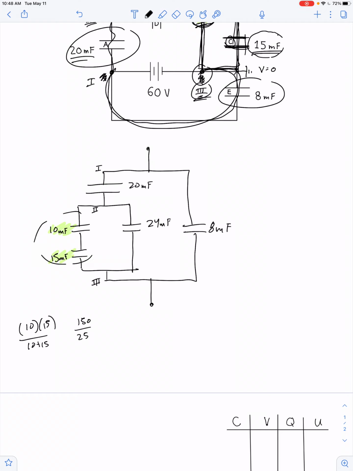So we could replace these with a 6 millifarad capacitor. So let's draw that circuit. No change here. This is still our 20 millifarad. And then it still branches off into this parallel combination, but we replace the 10 and the 15 with a single 6 millifarad. Of course, on the other branch, we still have this 24 millifarad.